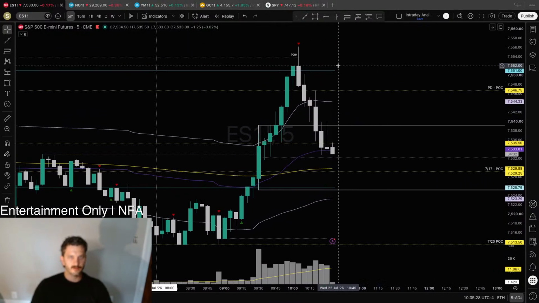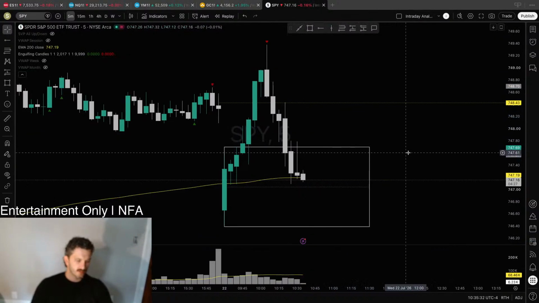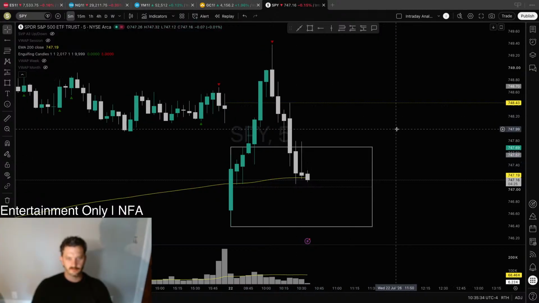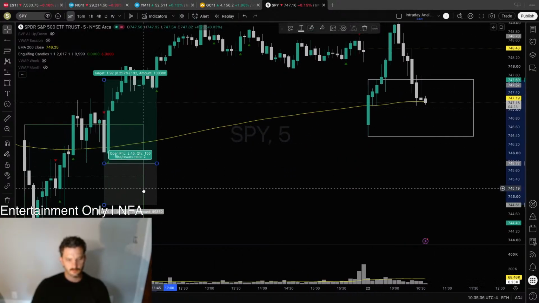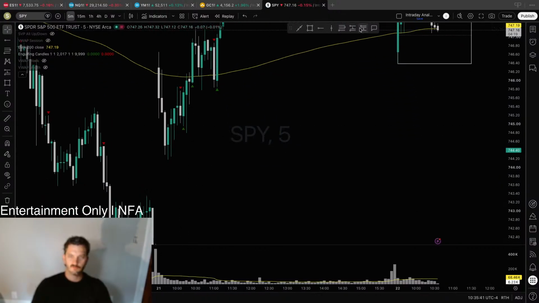Holding our VWAP here. SPY is starting to break that 200 EMA. We have this unfilled gap on SPY specifically here.